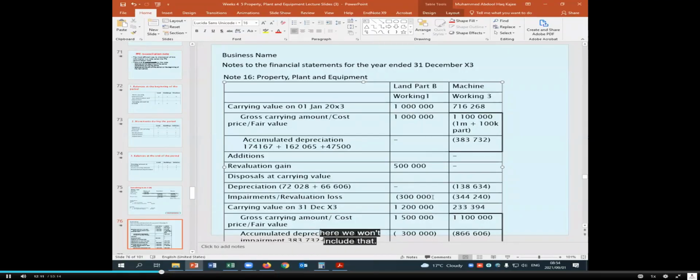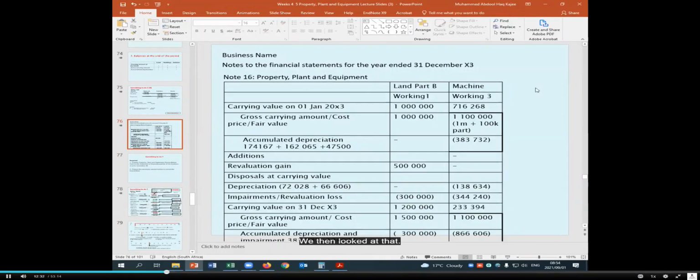Here we won't include that. Or the way the textbook teaches it is that you include that under your accumulated impairments. So your 1.5 less your 0.3 will give you your carrying value of 1.2. Right, so that was a basic example of how to go to the note.